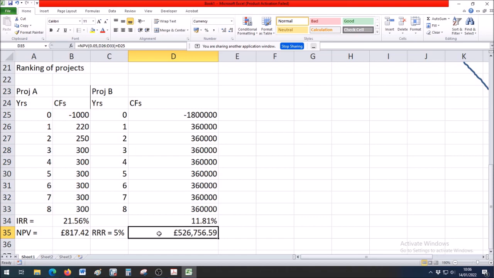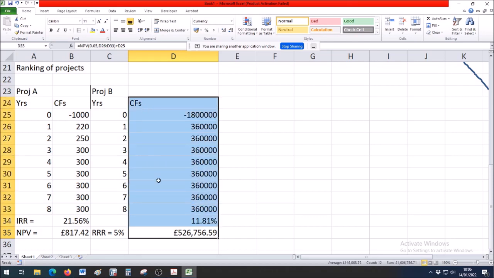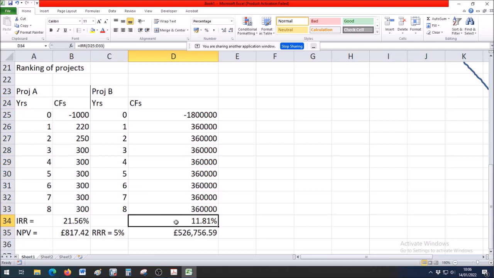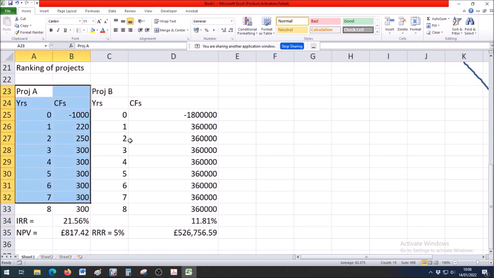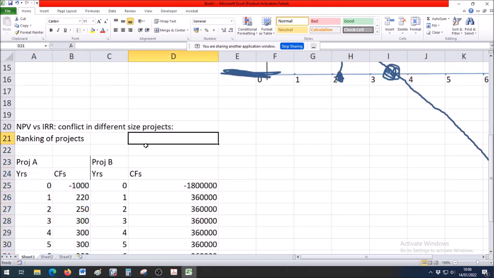$800. And just $500,000. I think I prefer $500,000. But if you look at IRR, it's only 12% versus the IRR of 22% for project A. So the trick here is of course in the size of the project.